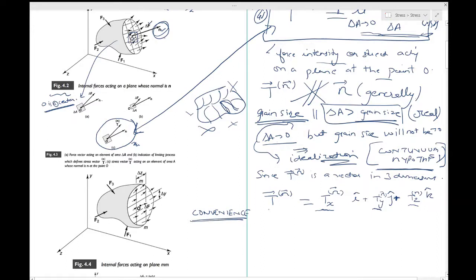To define this vector Tn in terms of Tn's acting on planes which pass through the point parallel to the coordinate planes, meaning acting on planes which are parallel to i cap, j cap, k cap.